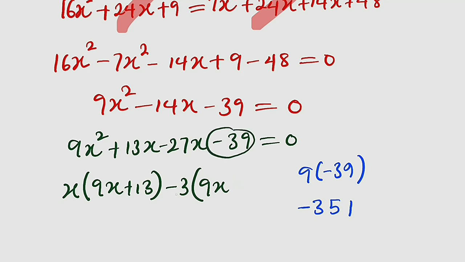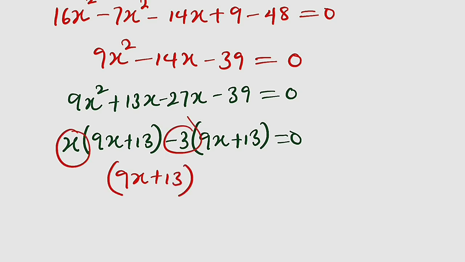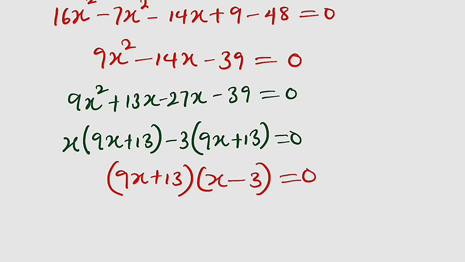Then the whole of this divided by this will give us what? 13. And this remains equal to 0. Now since we have 9x plus 13 in common, let us bring it out. We have 9x plus 13 multiplied by x minus 3, and this is equal to 0.